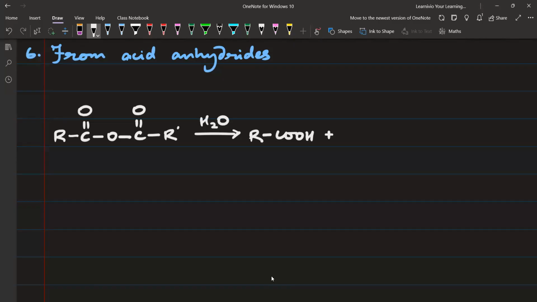RCOOH plus R dash COOH. Both of these give you carboxylic acid. Similarly, this breaking can happen in either way. If you break from here, water will break like this, HO and H. This carbon atom will get the OH, this carbon atom will get the H, and you will get the carboxylic acid. It doesn't really matter which CO bond breaks. Next is, for example, I hope you can write the product on your own.